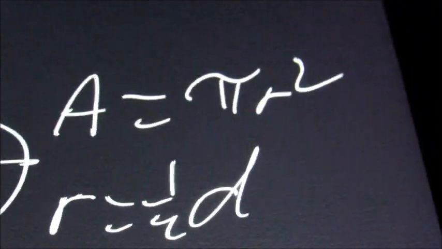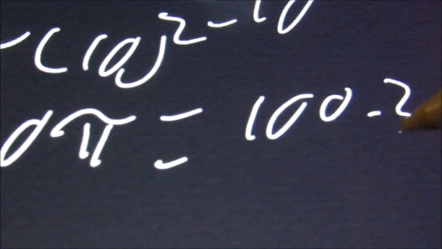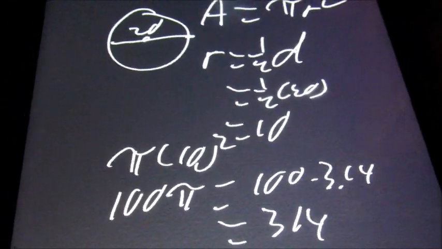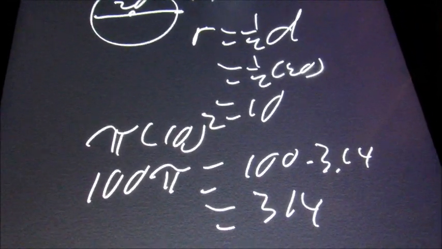So our radius is 10, so we're going to say pi times 10 squared, which is 100 pi, which equals 100 times 3.14, which equals 314.